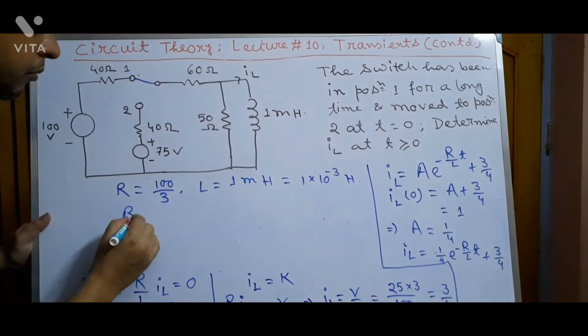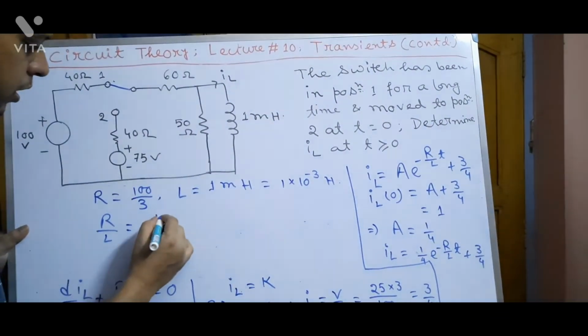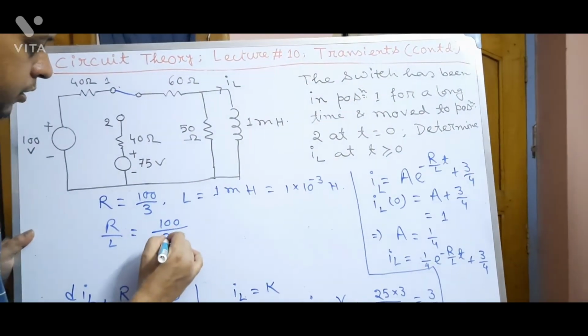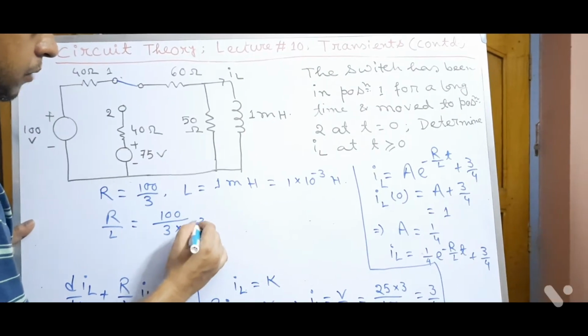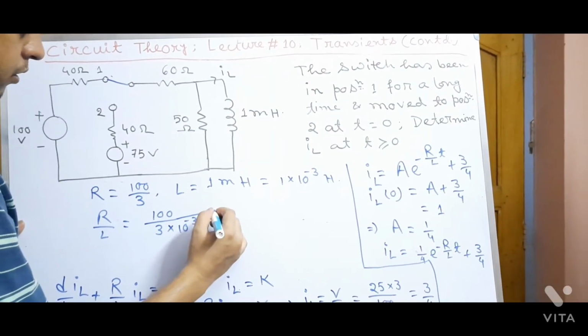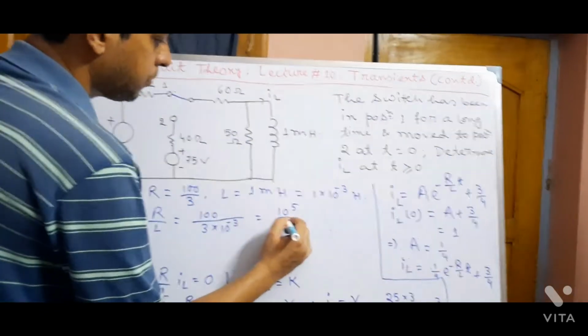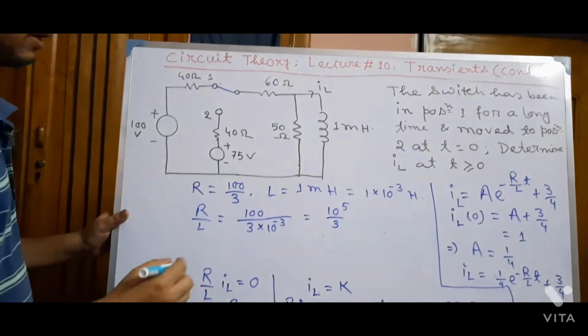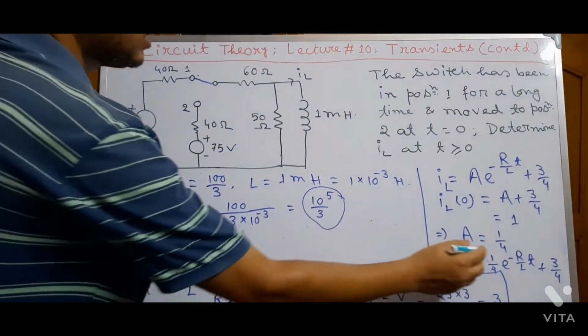So R by L is equal to 100 by 3 into 10 to the power minus 3, so 10 to the power 5 by 3. Hence, let us replace this here.